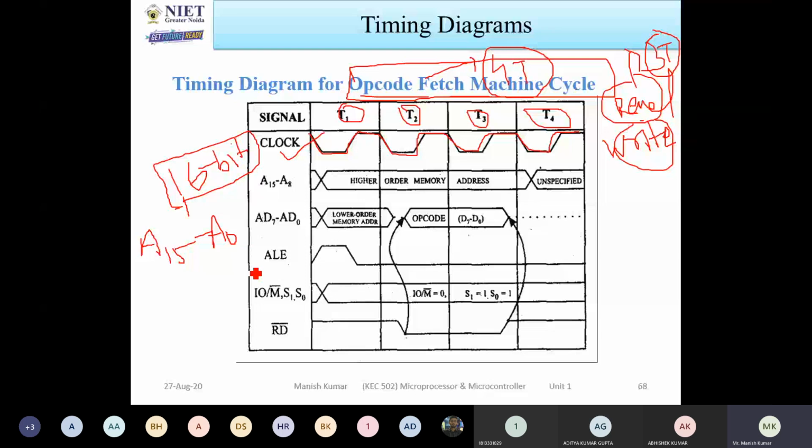With the help of these pins, you can send the address. Now this 16-bit address is divided into two parts, 8-bit higher byte and 8-bit lower byte. Why? Since this is an 8-bit processor, at a time it will execute 8-bit data or 8-bit address.